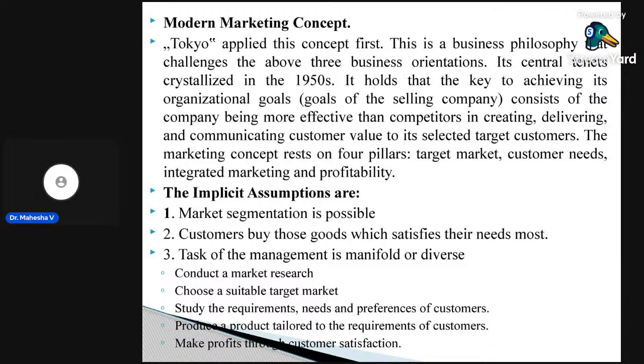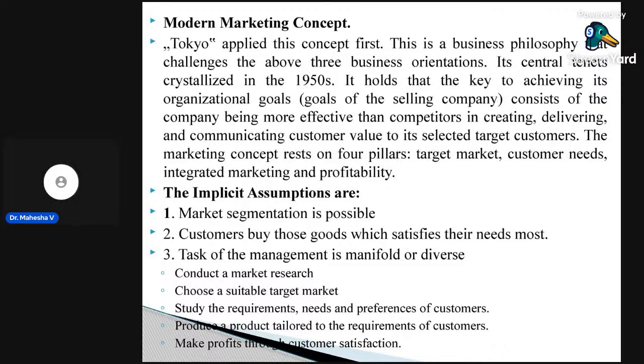It is quite the opposite of the production oriented concept. The product concept strongly advocates enhancing features, innovations, and quality aspects in the product, either in the existing product or in a new product introduced by the company. Here, the prime assumption of the company is that most consumers are quality conscious rather than price conscious.